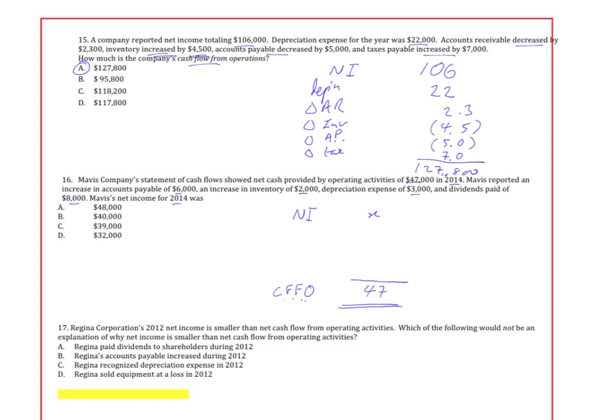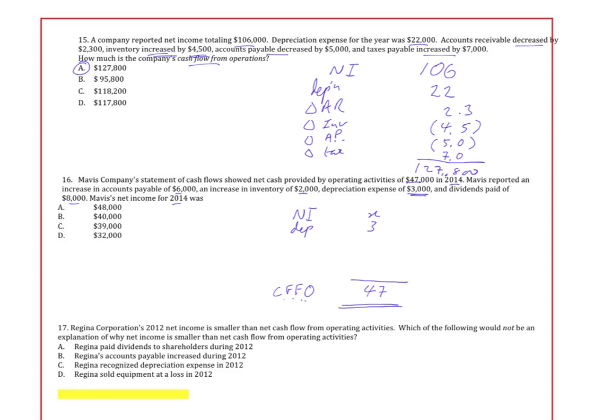So how did we get there? We start off with net income. We would add back depreciation, which was 3,000.